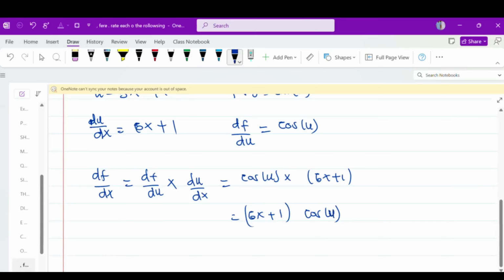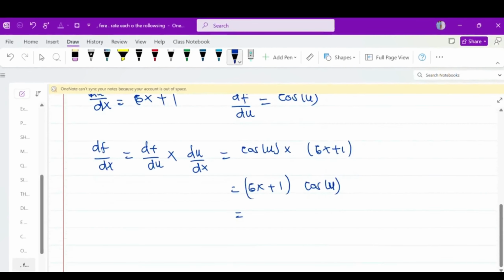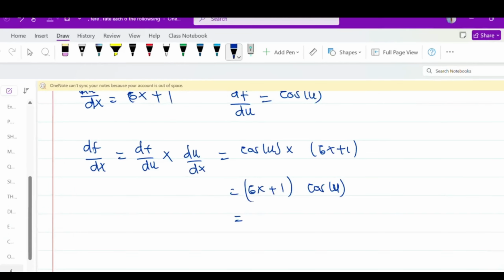But we said that our u is what? 3x squared plus x. So we do substitution. You're going to get 6x plus 1 multiplying cos of 3x squared plus x. So this is our final answer for our first question.